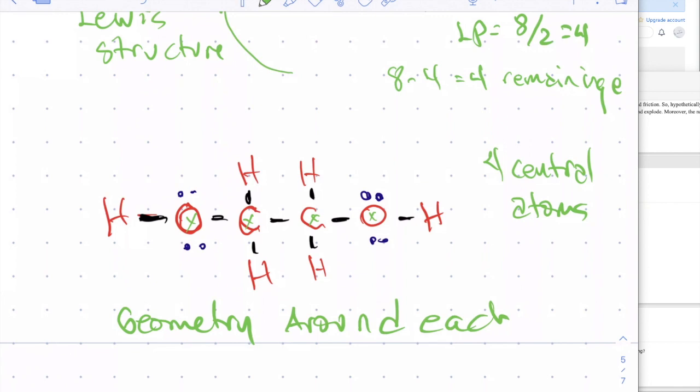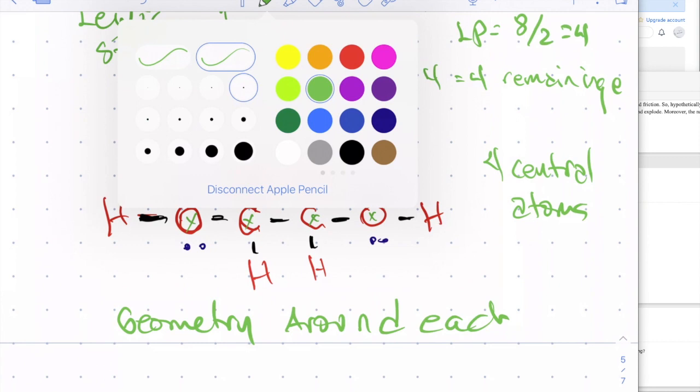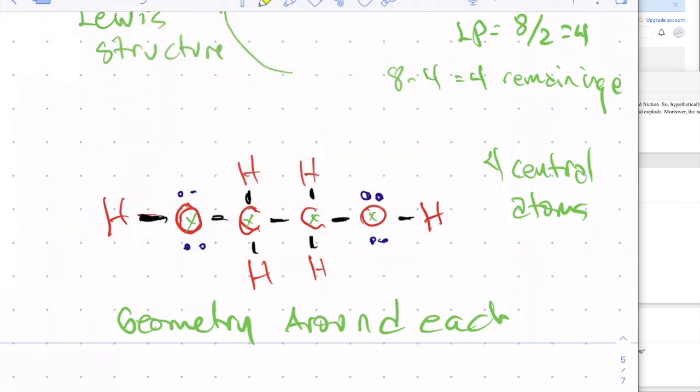And we can easily do that by just figuring out how many regions of electron density are around each particular atom. So I'm going to use a color pen here to show you how many we have. Right here for this oxygen we have 1, 2. A lone pair is its own region. We have 3, we have 4. So this oxygen is going to be designated as AE4.